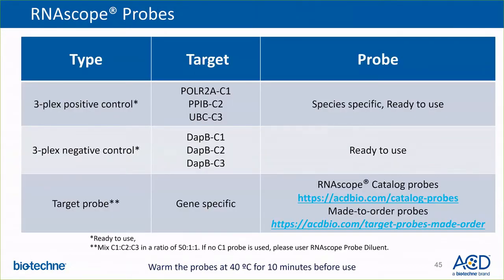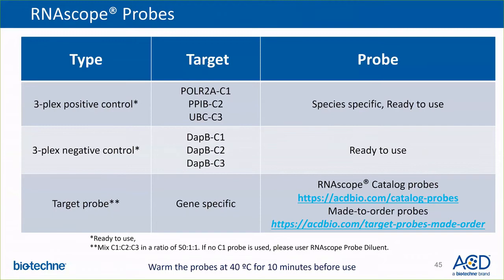We have species-specific 3-plex and 4-plex positive control probes available. The negative control probe targets a soil bacterium gene, DapB, which is absent in the tissue and hence acts as a negative control. To detect your gene of interest, please check our catalog online. Currently, we have more than about 15,000 probes in our catalog.